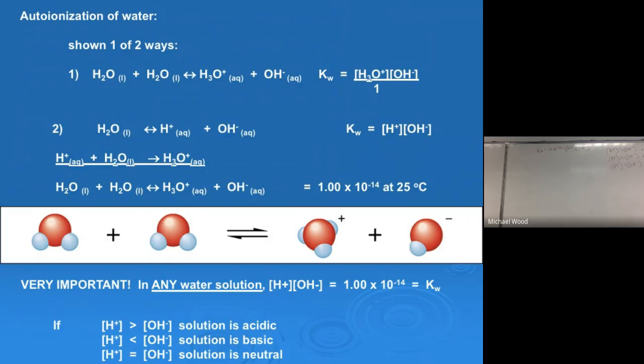So what that really means is, if we know H plus or OH, if we know one, we can always find the other.